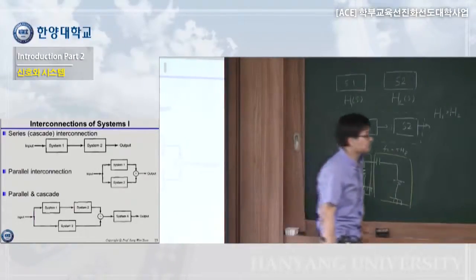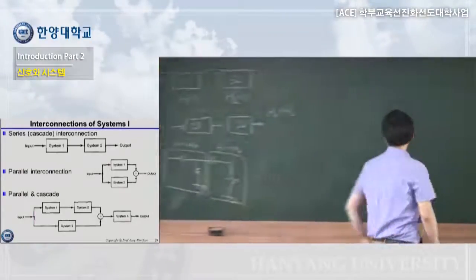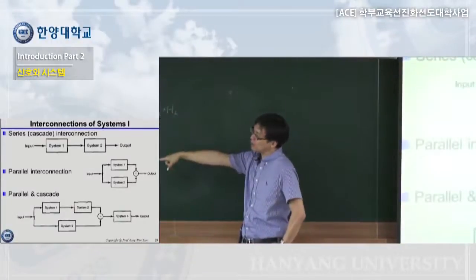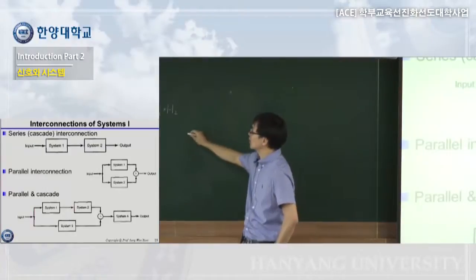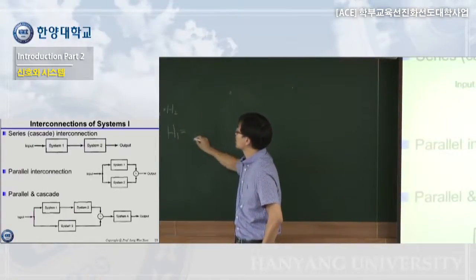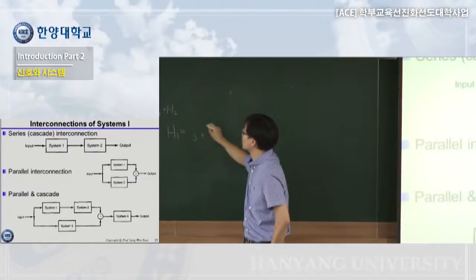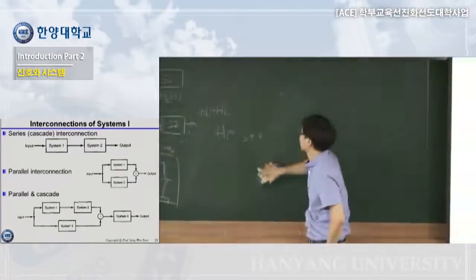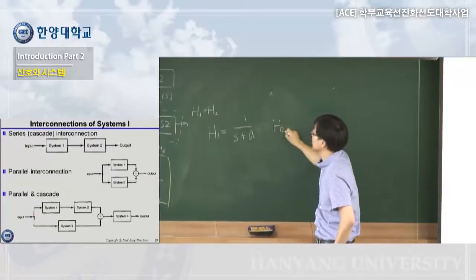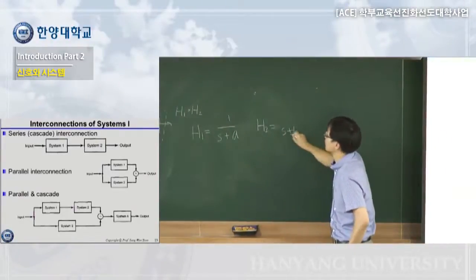Let's have one example. We often have this low-pass filter. I'm not sure if this is low-pass or high-pass. However, assume that H1 is given like this, and the second transfer function H2 is given like this.